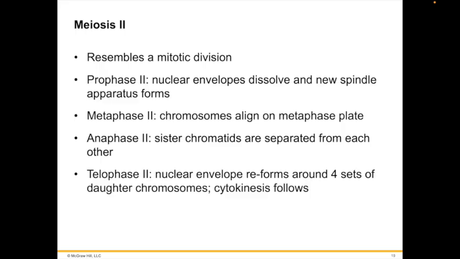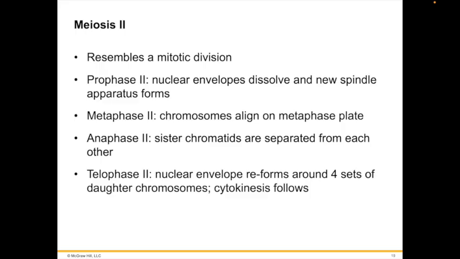In metaphase 2, spindle fibers from opposite poles bind to kinetochores of each sister chromatid, allowing each chromosome to migrate to the metaphase plate. And this is as a result of the tension on the chromosomes from polar microtubules pulling on the sister centromeres.